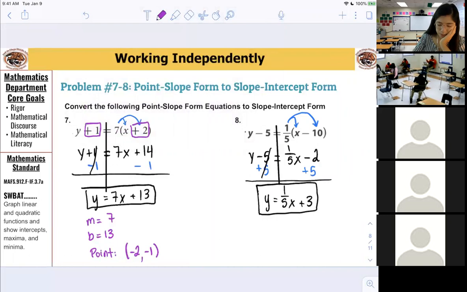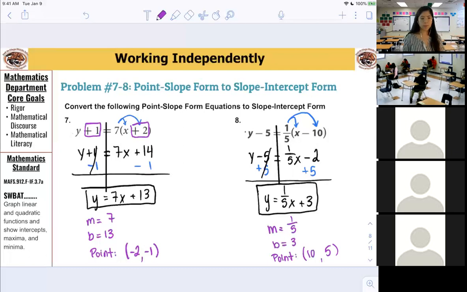Good, what's my slope? 1/5. My y-intercept? 3. And then what's a point on this graph? 10, 5. Good, 10, 5. Nice job.